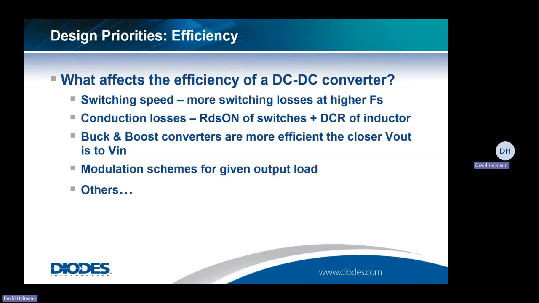The further they're apart, the less efficient a converter will get. And that'll have bearing on how you design your power tree. Modulation schemes will also have effects on efficiency, depending upon whether you're using PWM, PFM, constant on time, or one of these other modulation schemes to control your converter.